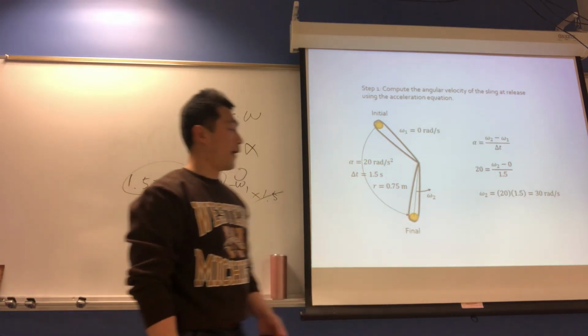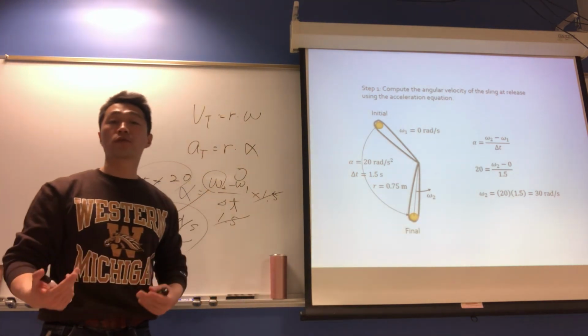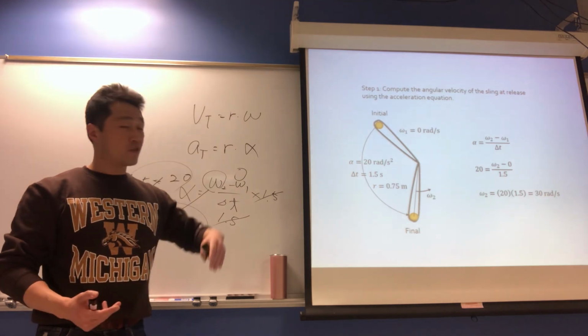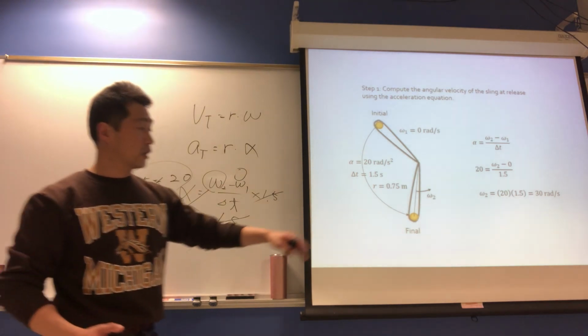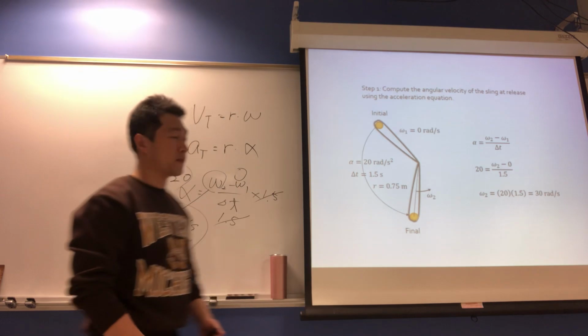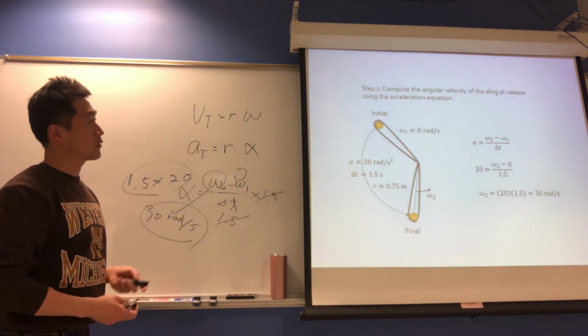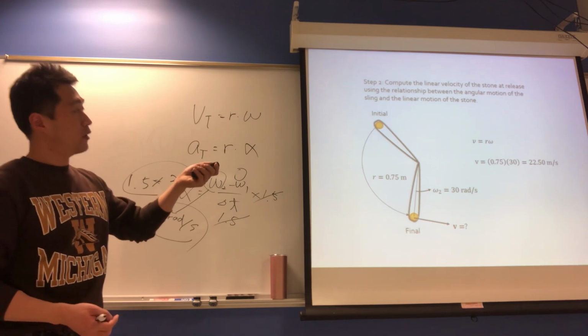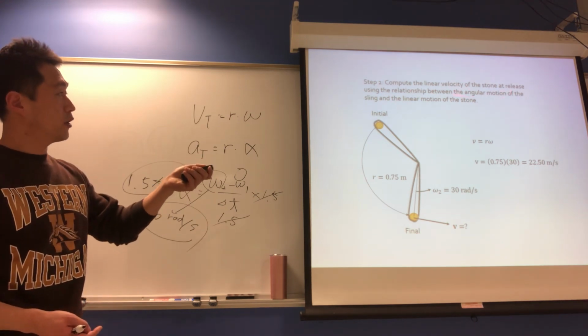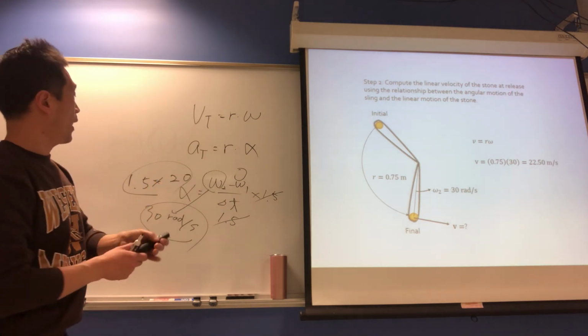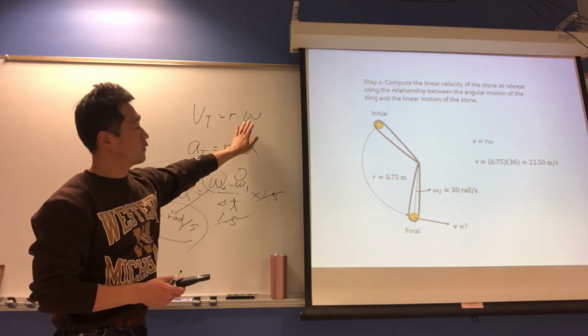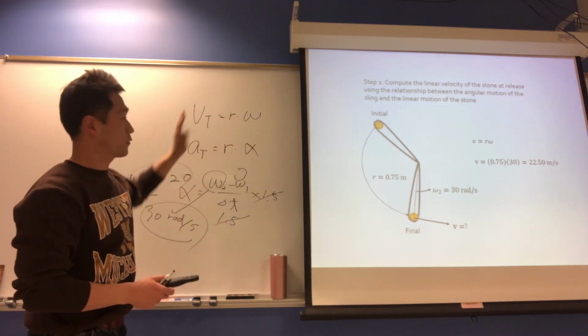But actually, the variable of interest that we're going to calculate is the linear or tangential velocity at this point. That is the second step. Step 2: compute the linear velocity of the stone at release using the relationship between the angular motion of the sling and the linear motion of the stone.